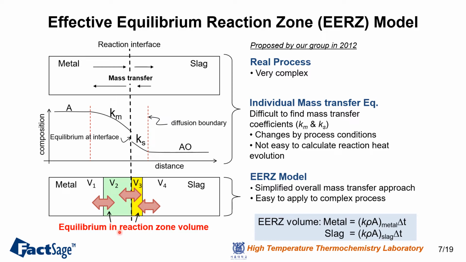And in all the thermodynamic calculations, we are using the FactSage thermodynamic database. In this way, we can track the mass balance of each element very accurately. And also one of the other advantages of this kind of approach is the heat balance calculation.